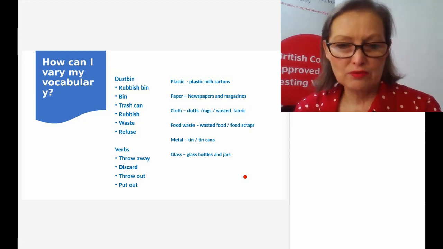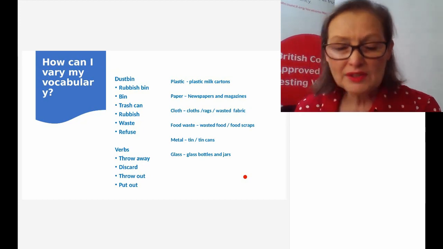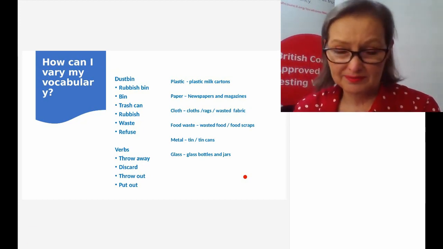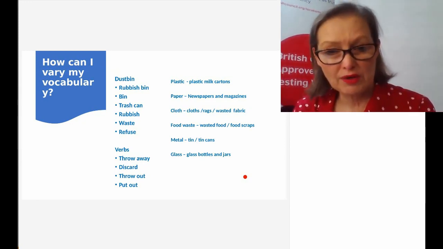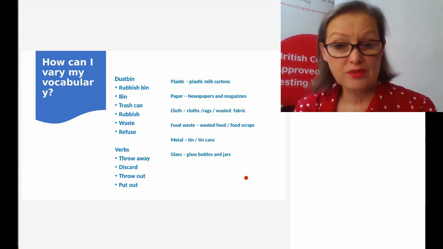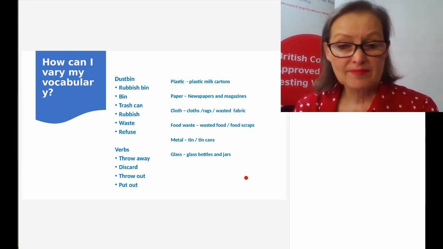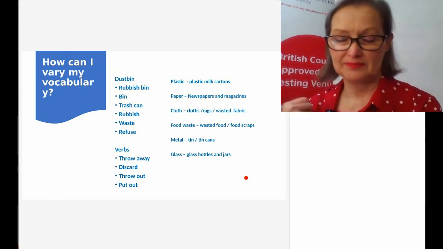And we throw away rubbish, or we call it waste. Another word is refuse. And there we are, some verbs. We throw away rubbish, or we discard rubbish, or we throw out rubbish, or we put out the rubbish.